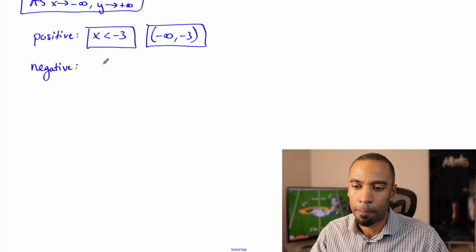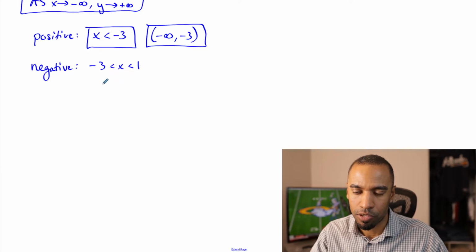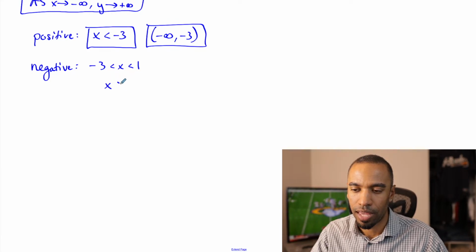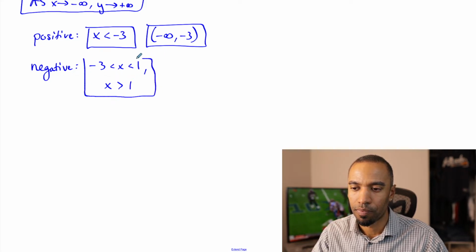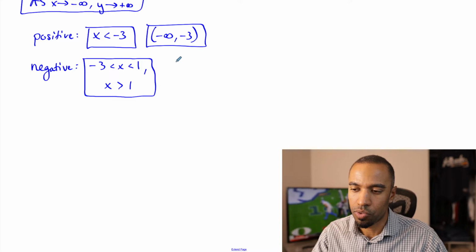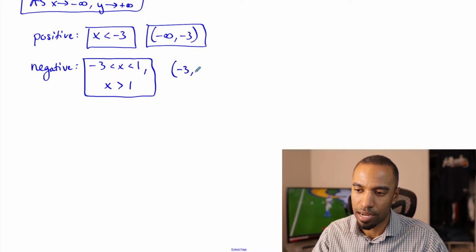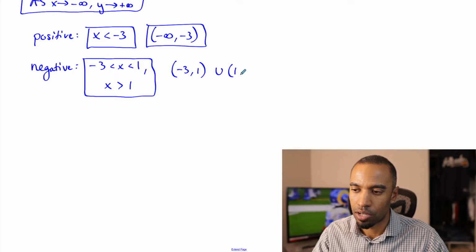It's negative when x is between -3 and 1. And then you'll also find negative values when x is greater than 1, like that. In interval notation, we can unionize this. We can say between -3 and 1, or there's the union sign, or from 1 to positive infinity, like that.